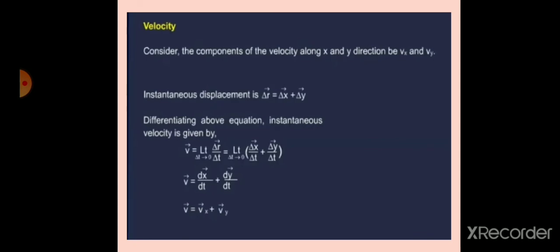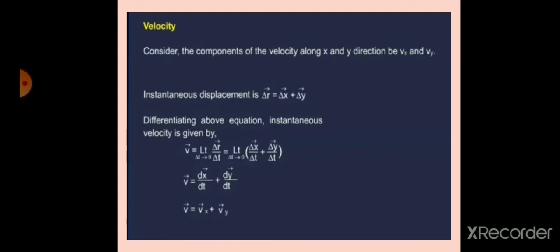Coming to the concept of velocity in two-dimensional motion, consider the components of velocity along the x and y directions to be vx and vy. Then the instantaneous displacement can be written as delta r vector is equivalent to delta x vector plus delta y vector.